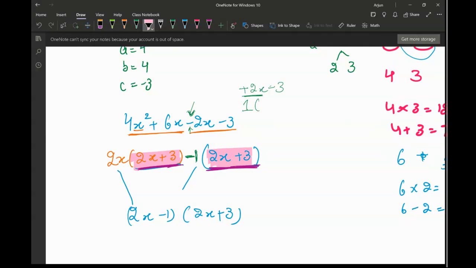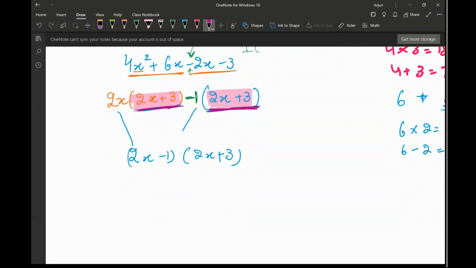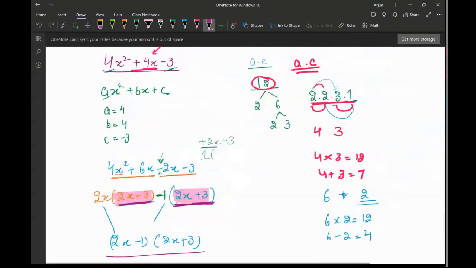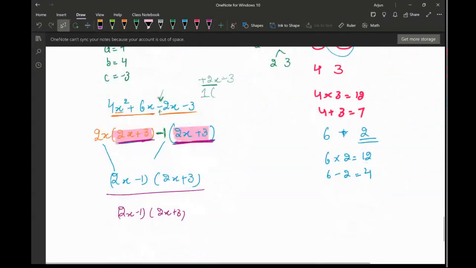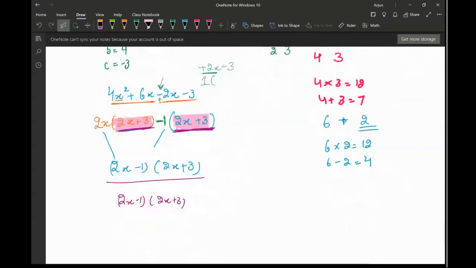If they are not the same, you are doing something wrong. That's a simple, easy way you can find out that your work is correct. So my final answer for the given question is 2x minus 1, 2x plus 3. That's how we do the factorization of a given polynomial.